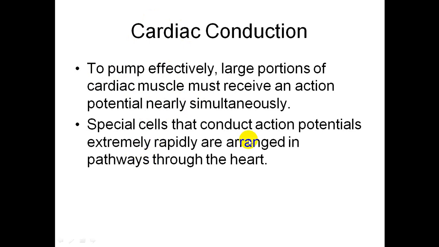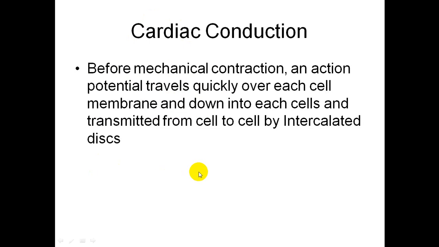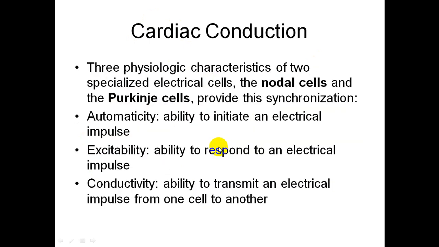Special cells that conduct action potential extremely rapidly are arranged in a pathway through the heart. Before mechanical contraction, there is electrical activity, and the action potential travels quickly over each cell membrane and down into each cell, and is transmitted from one cell to the other by the intercalated disc, which freely and easily passes the action potential, the electricity, from one cell to another cell.